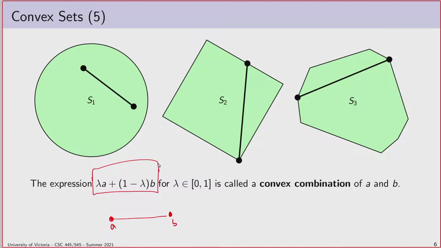It shows up in a lot of places that aren't directly related to convex sets, because it is an extension of the notion of a weighted average of these 2 points. And as I said earlier, if I were to choose a particular place along the line, so lambda equals 0.33, that would be about a third of the way between A and B. It's just a way of expressing a point along that line segment.